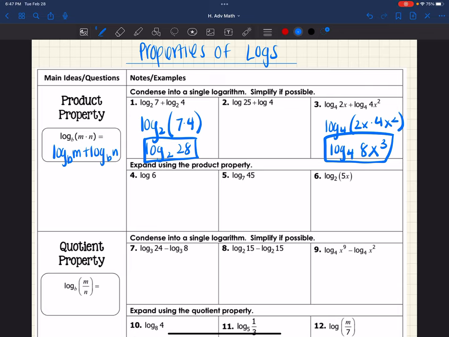Number 4, our single log is the log of 6. By the way, whenever you don't have the base, remember the base is implied to be 10. So you wouldn't say the log base 10 of 6, you would just say the log of 6, and that implies that it has that base of 10, that it's the common log. So what I want to do is expand this out to the sum of 2 logs.